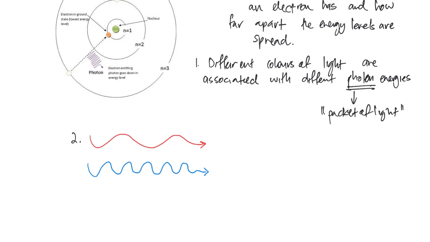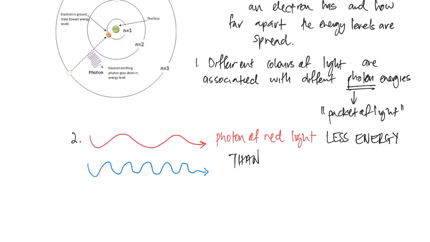This tells me that a photon of red light will have less energy than a photon of blue light.